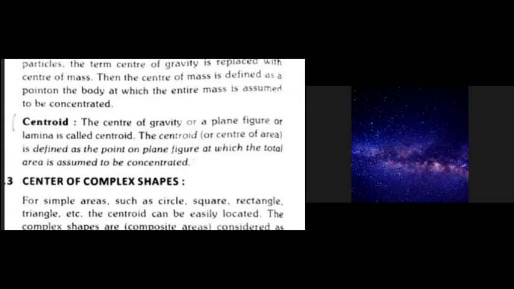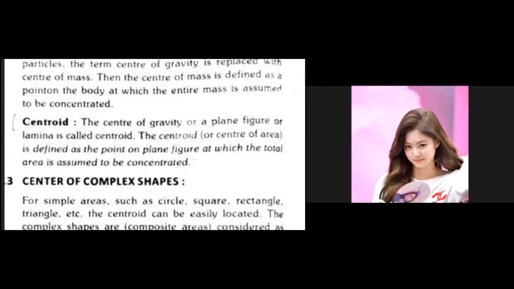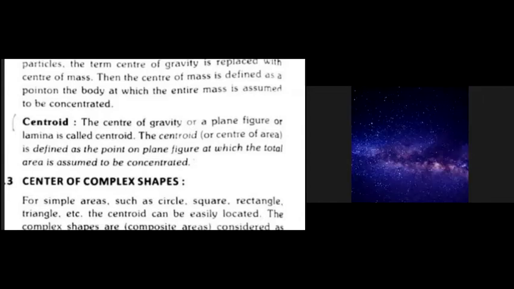So here there are two terms we learn: what is center of gravity and what is centroid? What is the difference between center of gravity and centroid? The center of gravity is used for solid components and the centroid is used for two-dimensional figures, that is plane figures.